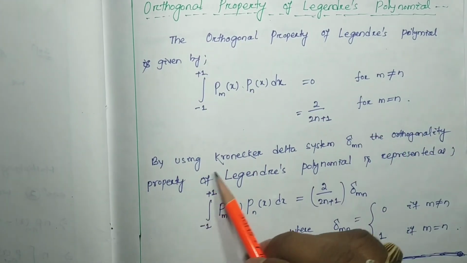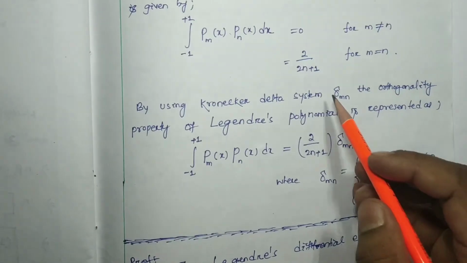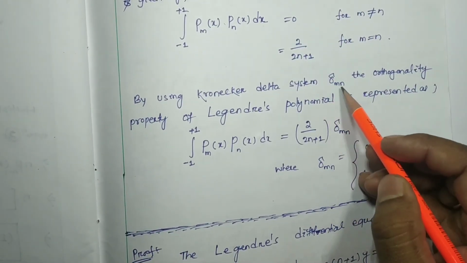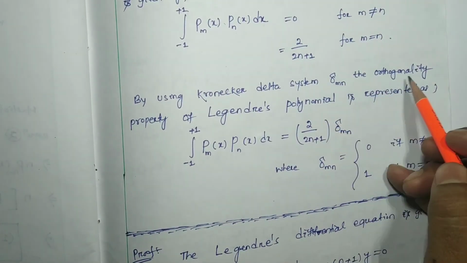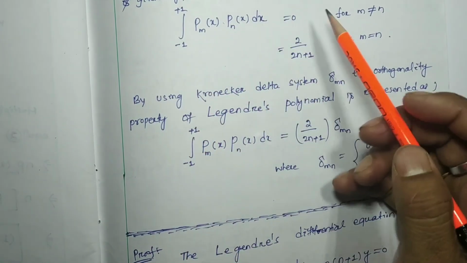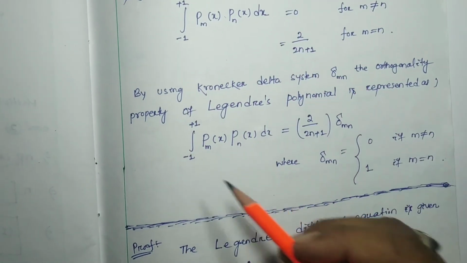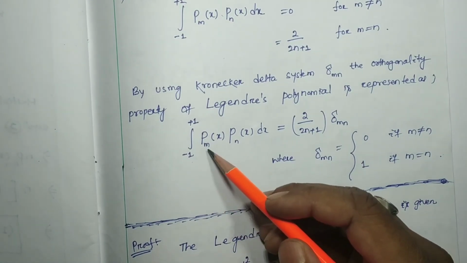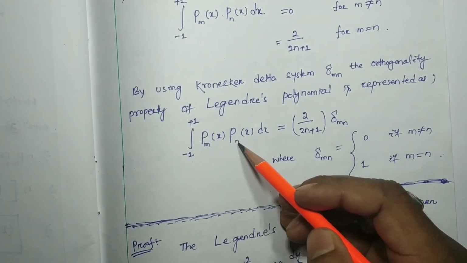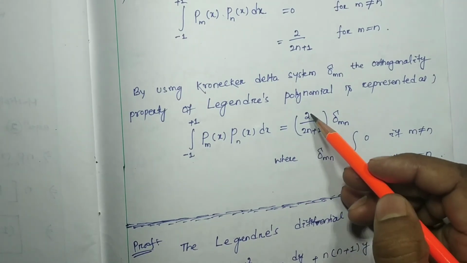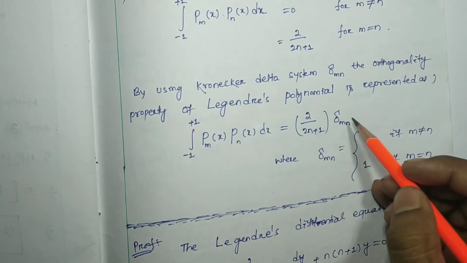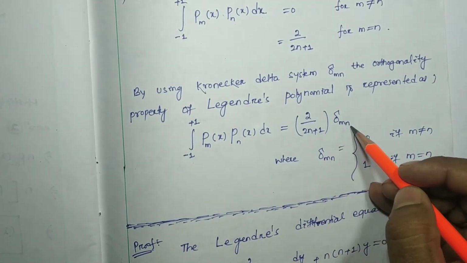So by using the Kronecker delta symbol, that is your delta mn, the orthogonality property of Legendre's polynomial can be represented as the integral from -1 to +1 of Pm(x) into Pn(x) dx equal to 2 by (2n plus 1) Kronecker delta mn.